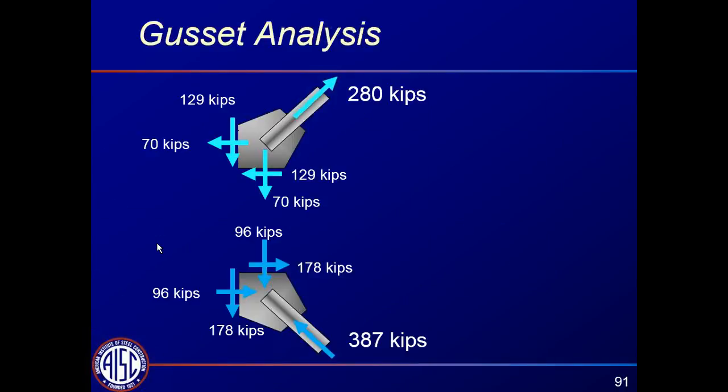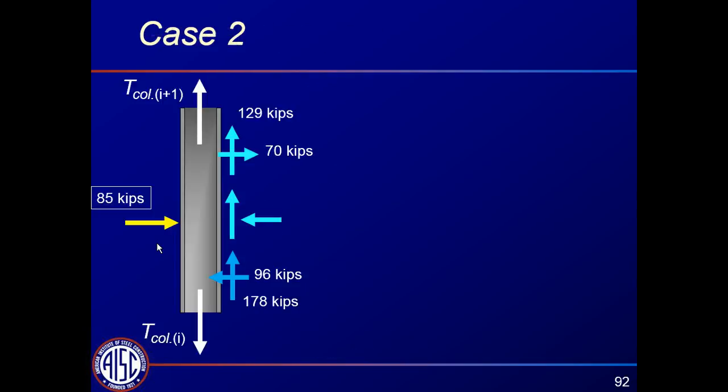I keep the gusset analysis I had below, and then I can take those forces, apply them to the column. I can take those horizontal forces, apply them to the column, and use the sum of horizontal forces to solve for the force here at the beam stub to column connection.